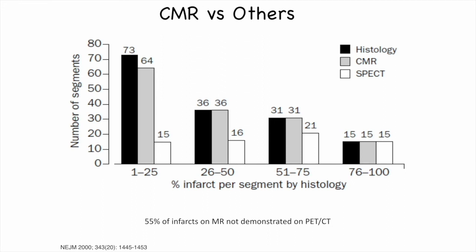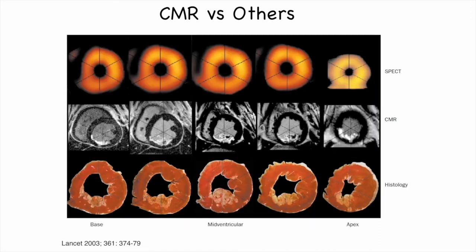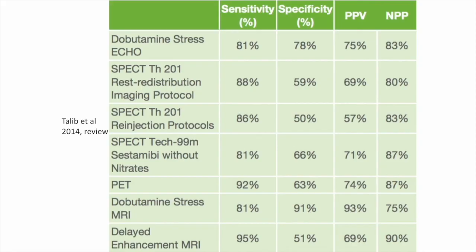If you compare cardiac MR with other modalities such as PET-CT or SPECT-CT, small subendocardial infarcts are often missed with nuclear medicine studies. This was an animal model study which basically demonstrated that small subendocardial infarcts, which can be seen in MRI and histopathology, are often missed in SPECT imaging.